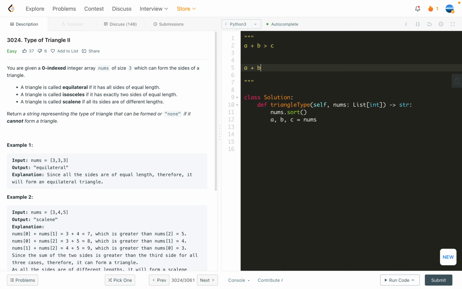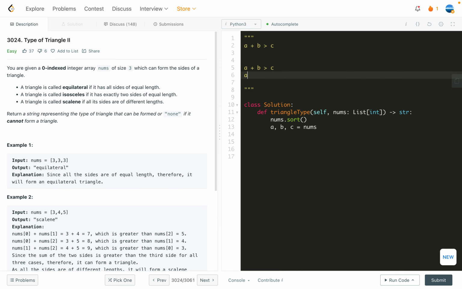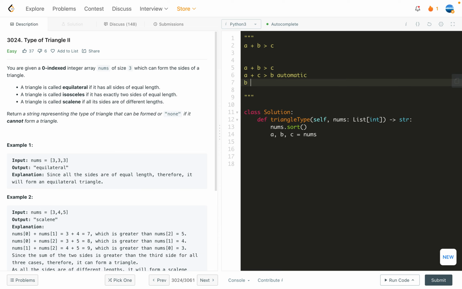We would need to check A plus B greater than C, A plus C greater than B, and B plus C greater than A. The latter two are automatic because we have sorted. So we just need to check if A plus B is strictly greater than C. If it's less than or equal to C, this will not form a triangle, and we are going to return none.